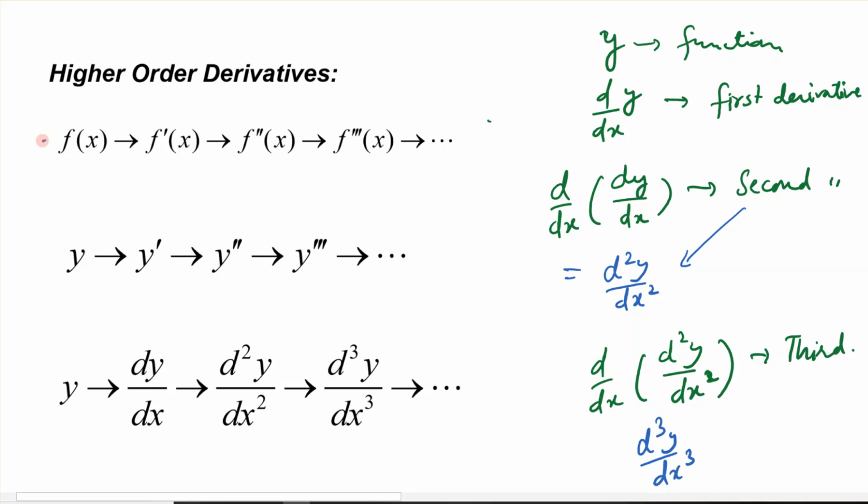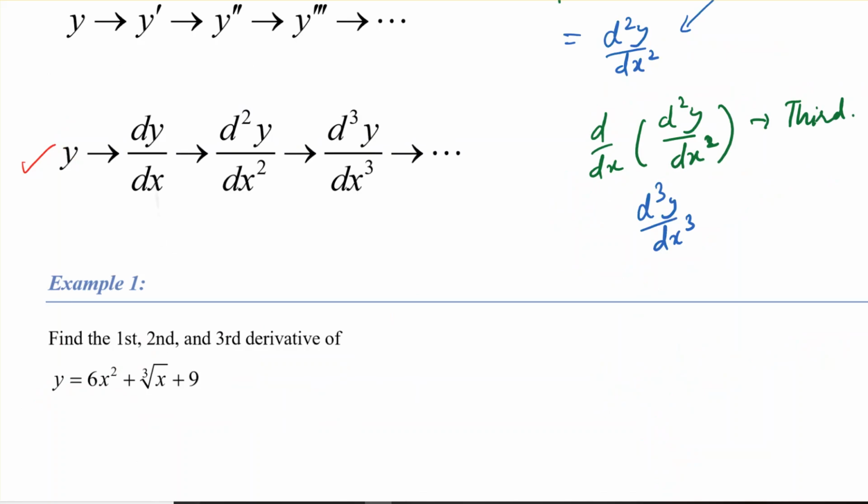And here I have written the different notations in f(x) form: f prime x, f double prime x, so we put 2 dashes and 3 dashes on the top. Similarly, y, y prime, y double prime, y triple prime, and so on. Or the one we discussed just now: y, dy over dx, d2y over dx squared, and so on.